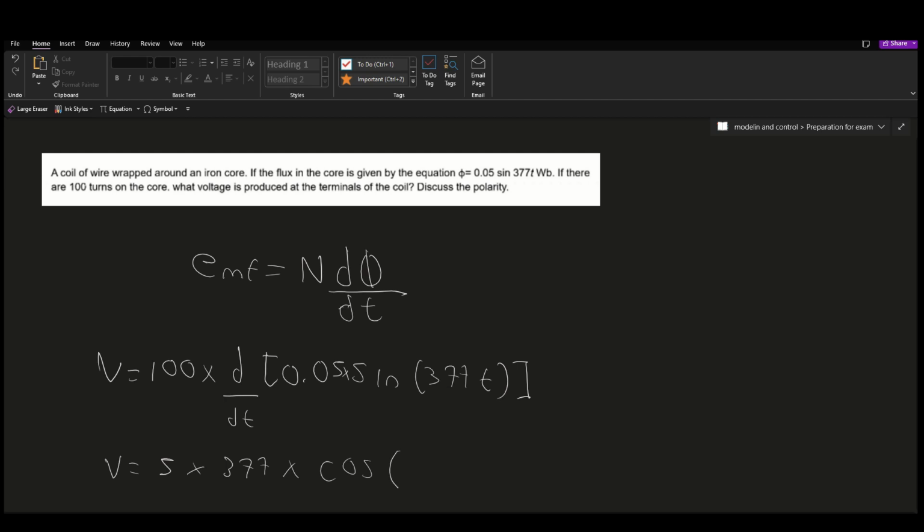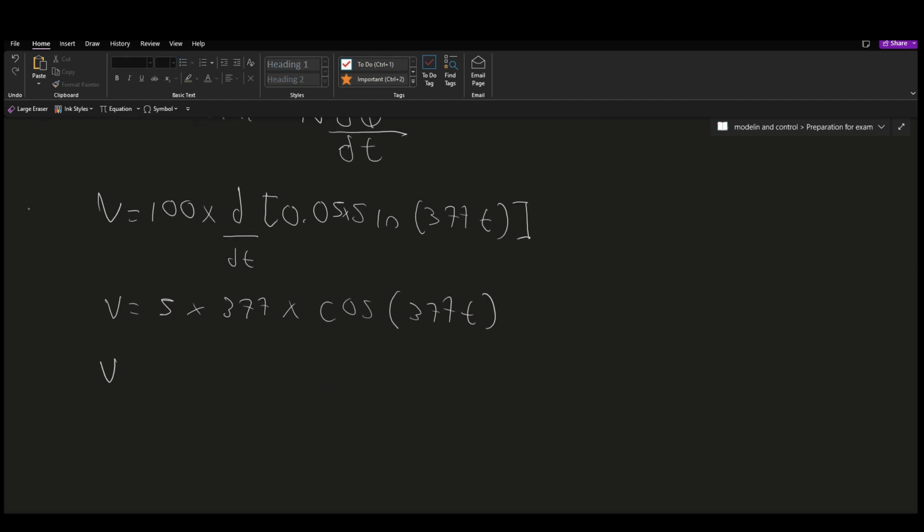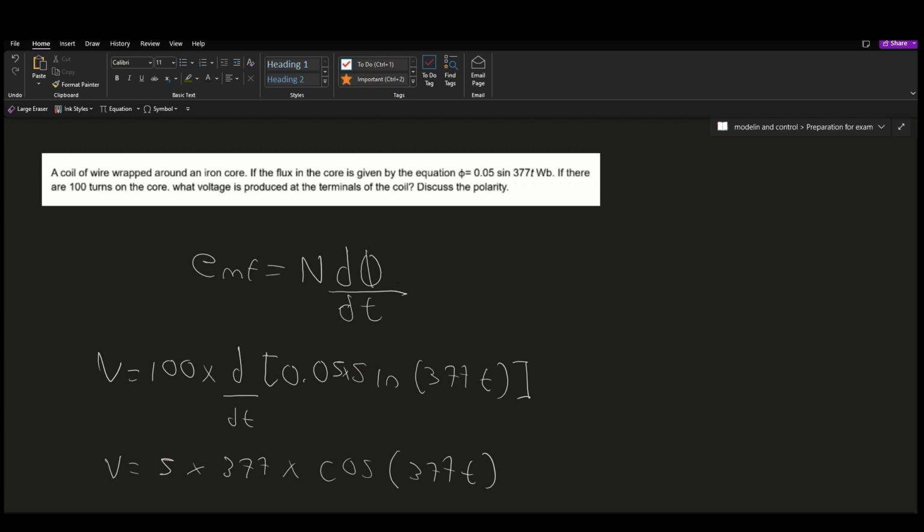The derivative of sine is just cosine. So we can say that the voltage will be 1885 cos of 377t. So if we have the flux, it's pretty easy to calculate the EMF, that is the voltage.